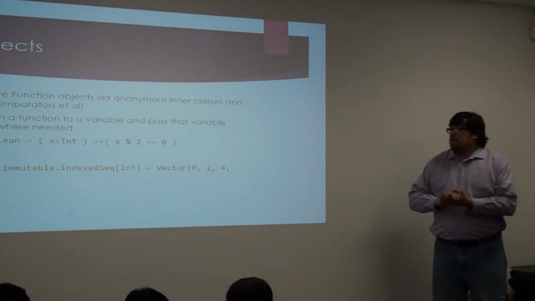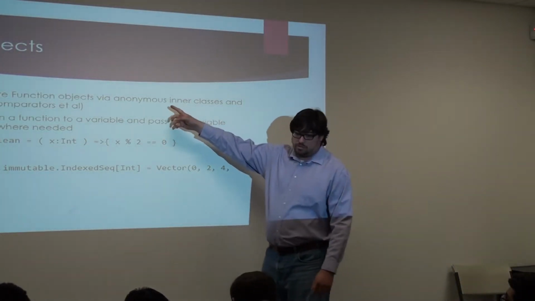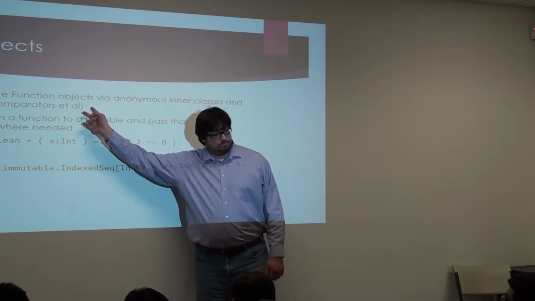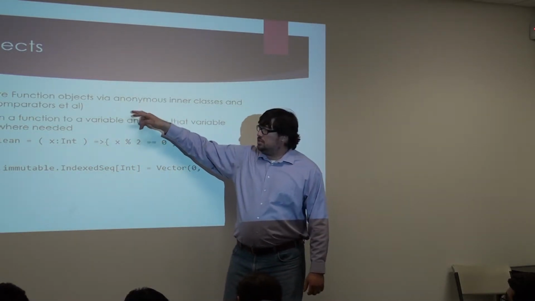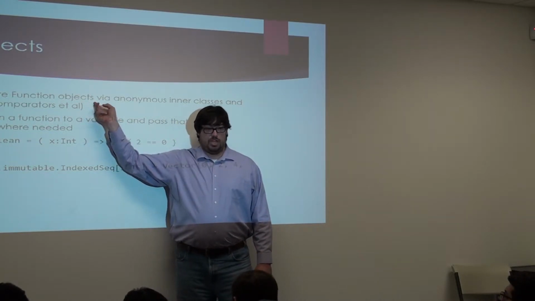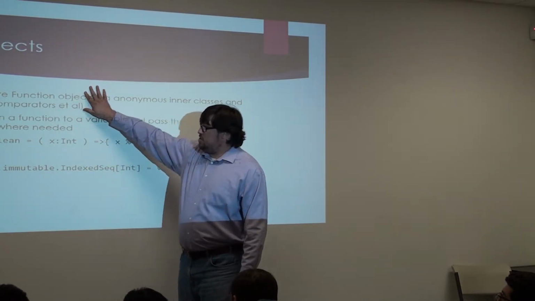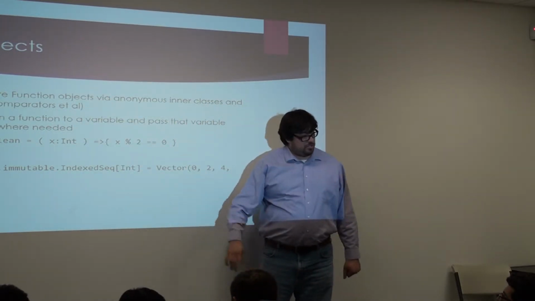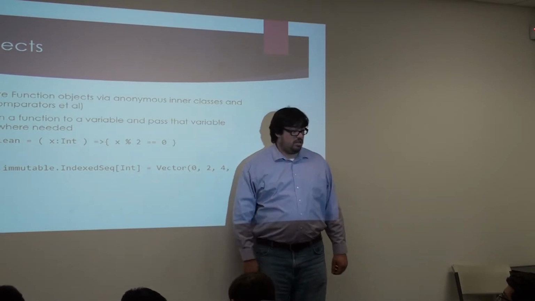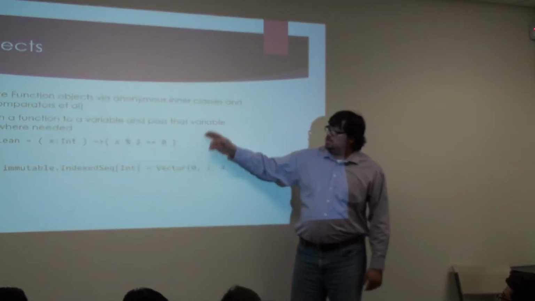Function objects. I mentioned earlier, we talk about a comparator, or in Swing, maybe an action for a button, or an event. A lot of times these are just implemented as an anonymous inner class, new class, extends, whatever. So you can create that. That's called a function object. It's got its own pattern in the Gang of Four book, function object.